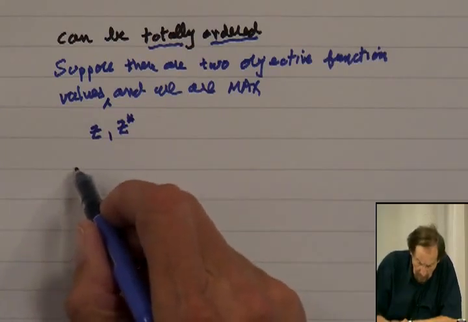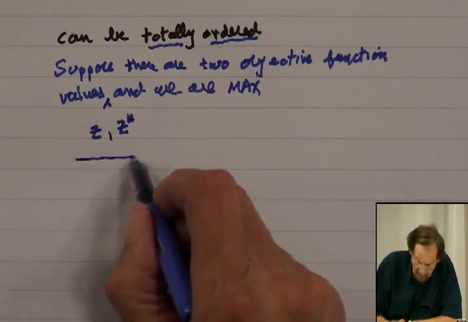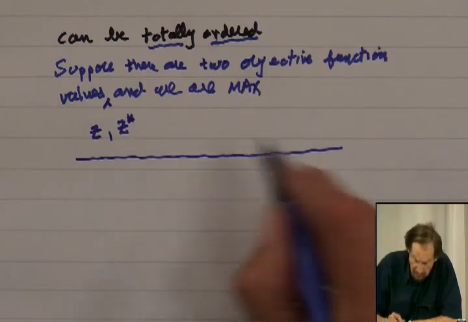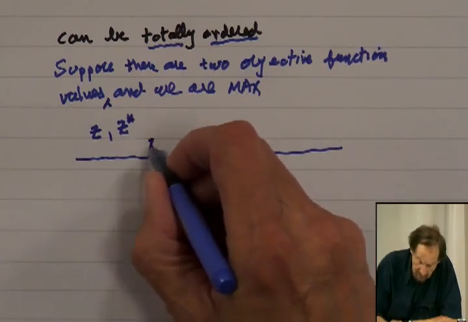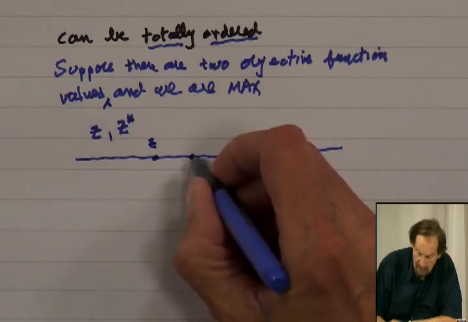Now, we can totally order these because we can put, say, z here and z star here.